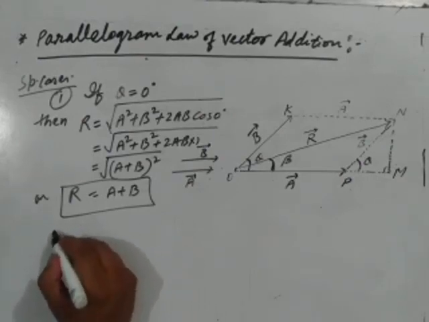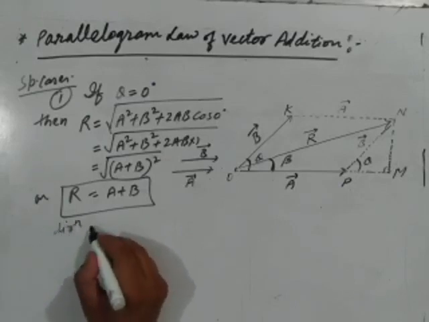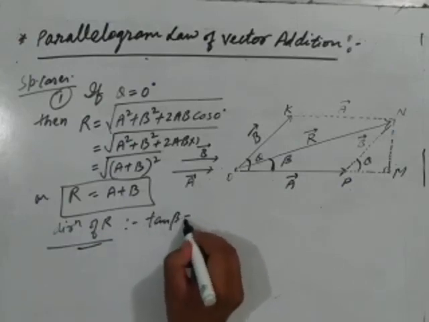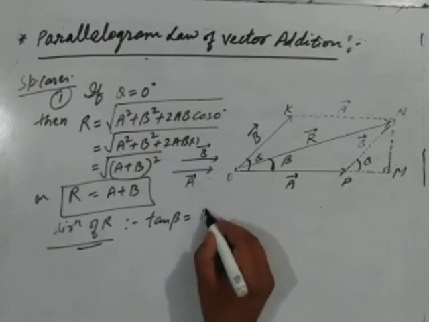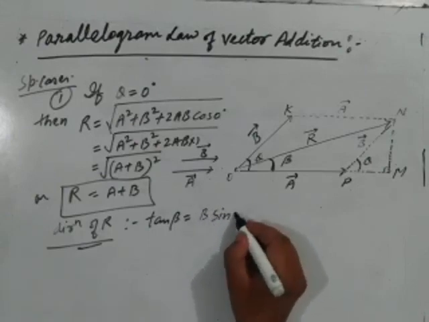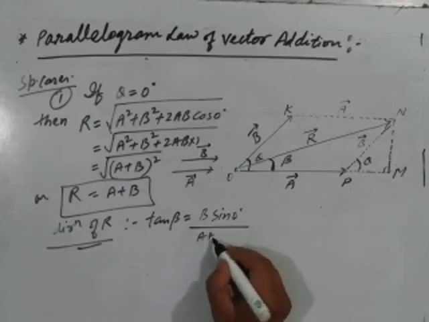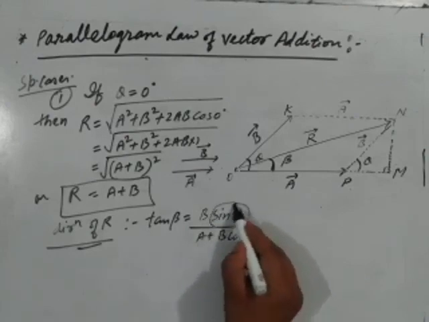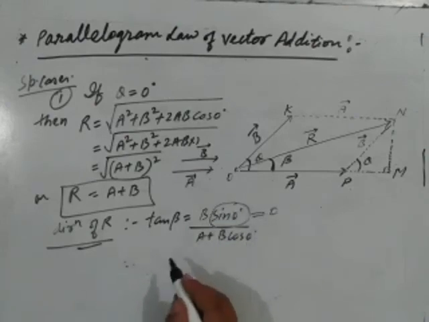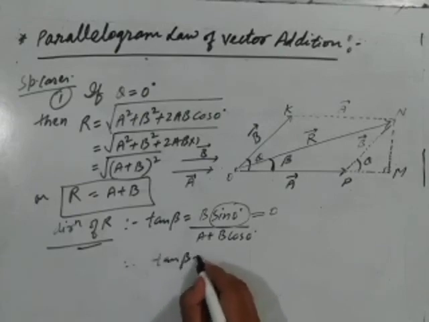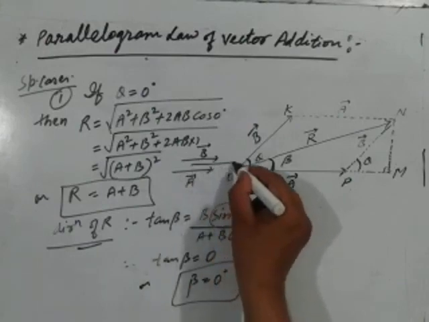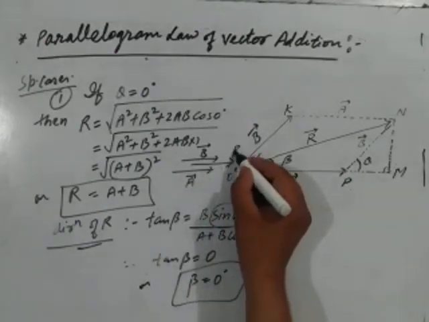For the direction of r, we will find out tangent beta equal to b sine of the angle, the angle is 0 degree, upon a plus b cos 0. But sine 0 equal to 0. Therefore, tangent beta equal to 0 or beta equal to 0 degree. That means the resultant will also make an angle of 0 degree with the horizontal direction. This is r.